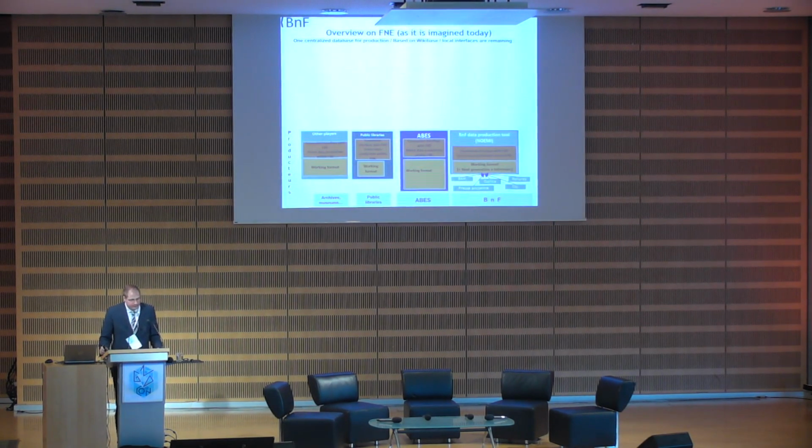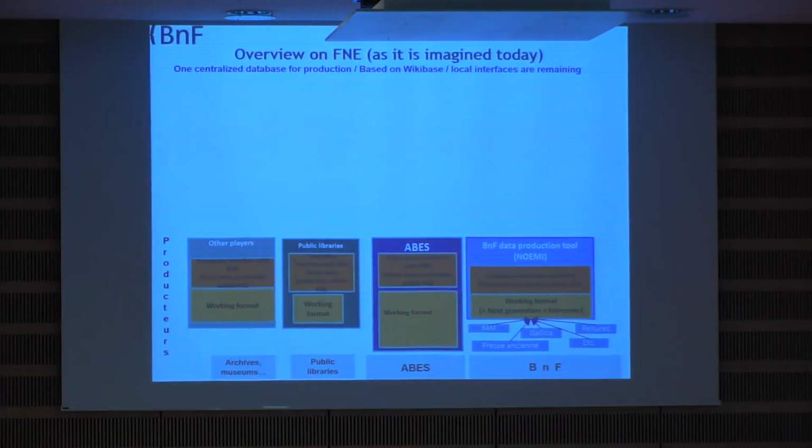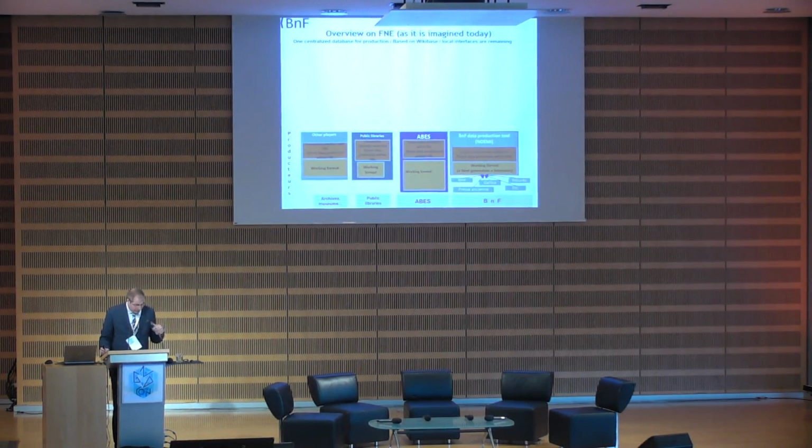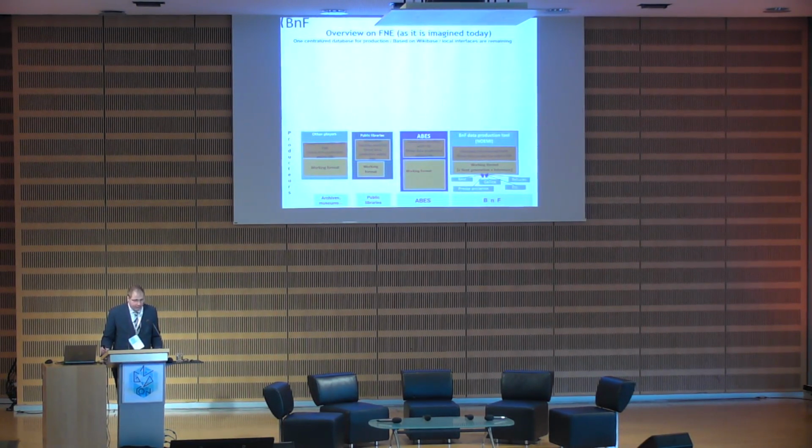But the question is which tool we can use to implement these cataloging rules. So in the meantime, we have launched in France the project of a national entity file, FNE, with a French acronym. And the FNE has three main principles. The first principle is to develop a common database to produce entities, for instance for works, persons, organizations, concepts, places, events.